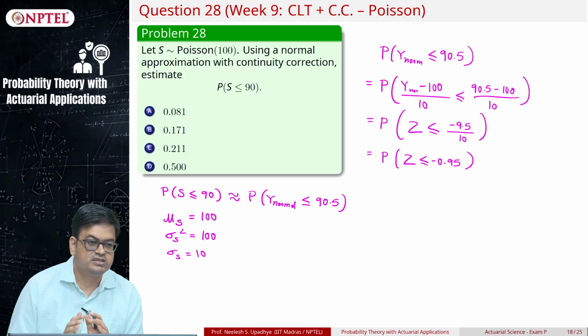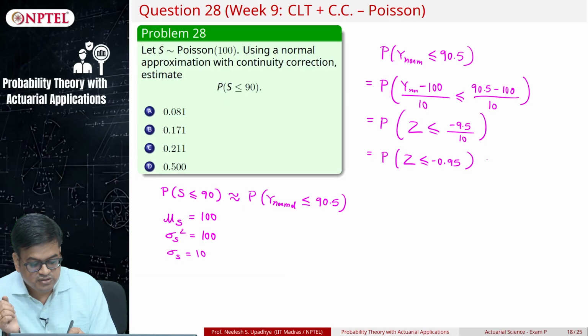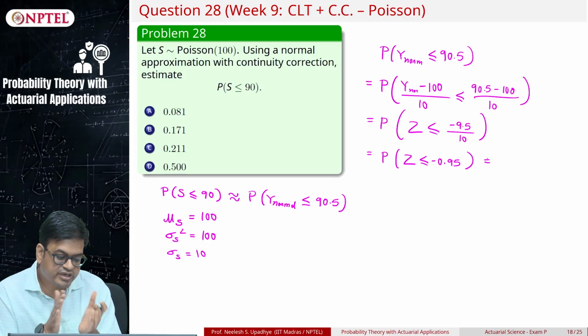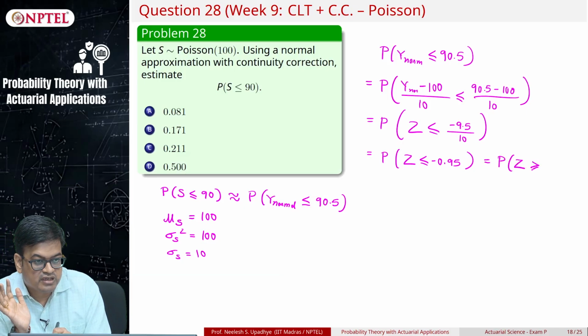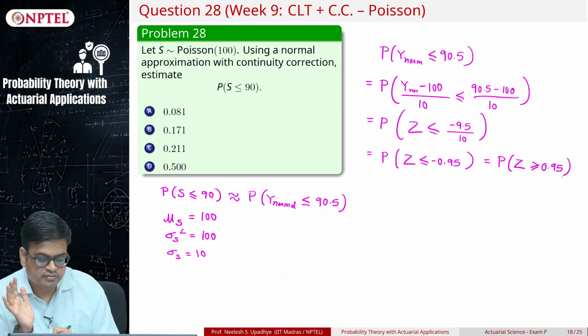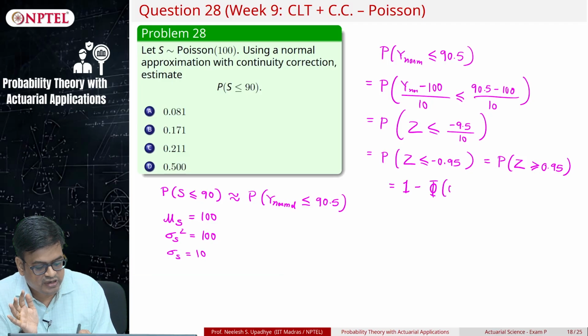Okay. So, this is slightly tricky, but because of the symmetry property of normal distribution, you can relate this to probability of Z greater than or equal to 0.95, and therefore you can use the same standard normal table, and this will be 1 minus capital phi of 0.95.